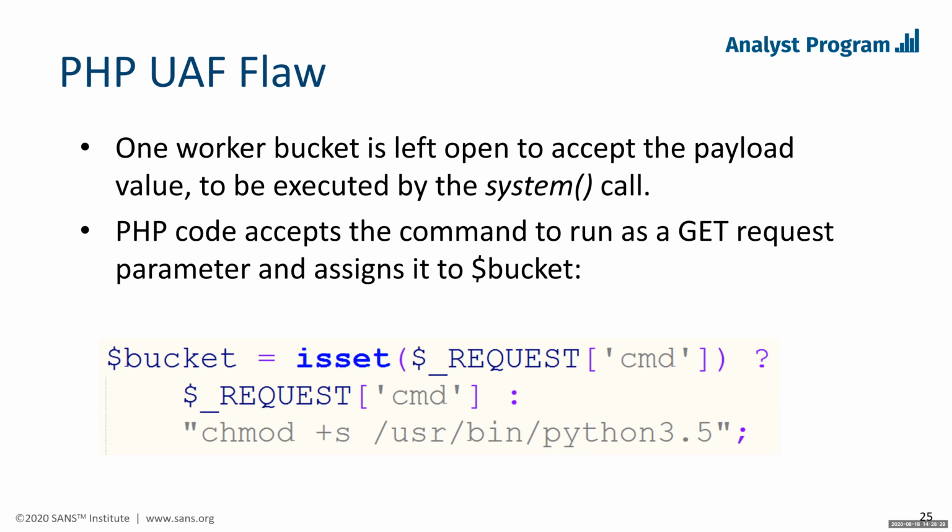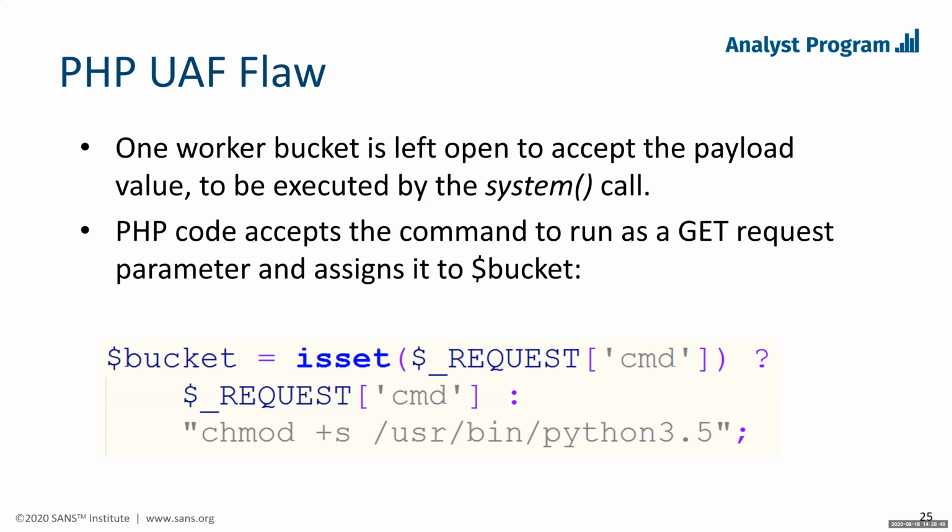The payload value is the combination of several parts. It's the method, the properties, and the child_init that's actually going to be in place, and the memory address of the payload of the command to execute.